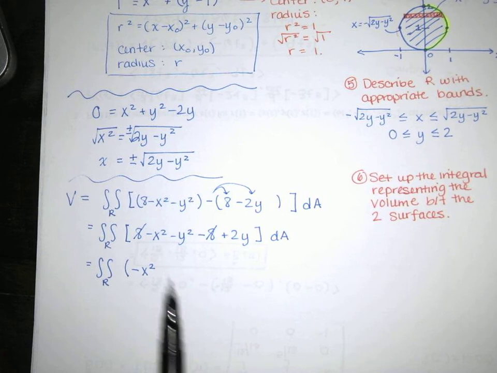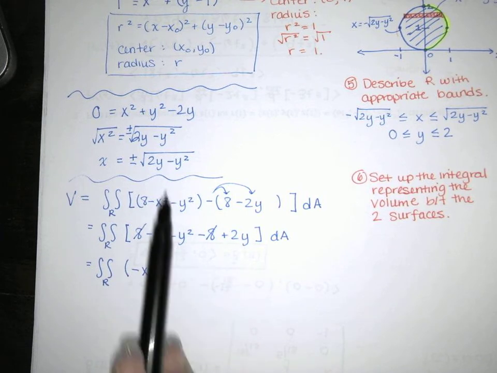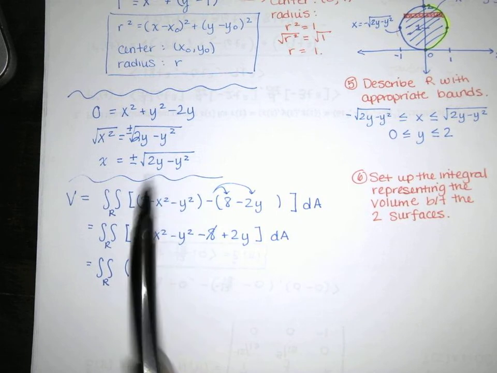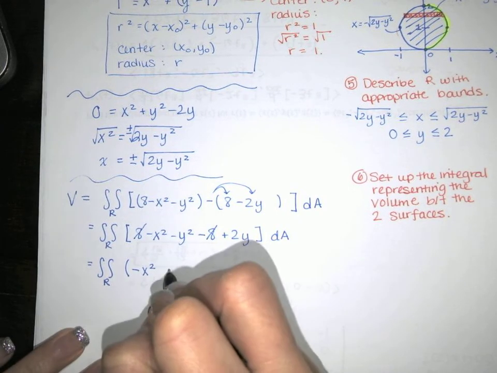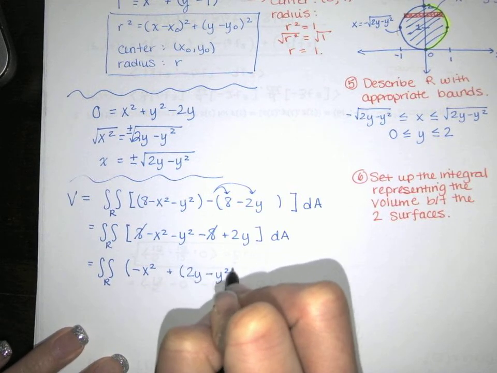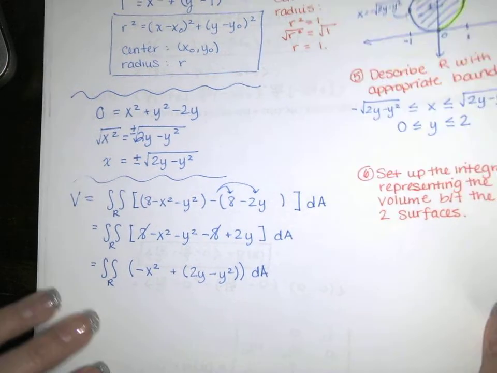In order to make everything simpler later, I think I want to group that 2y minus y squared together, because later I'm going to replace all of my x's with functions that look like this. So seeing another function that looks like that here might make our algebra simpler later. So I will group these together and call that 2y minus y squared. Okay, so that's our integrand.